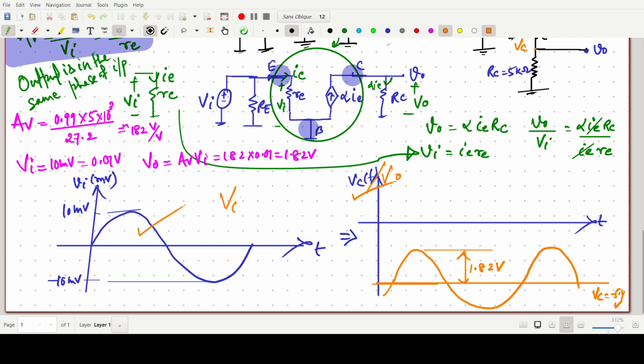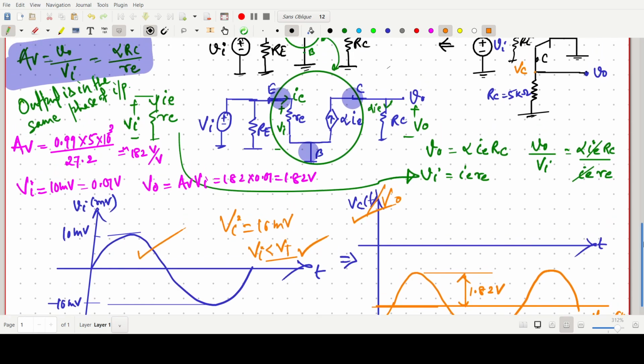For the input we take Vi as 10 millivolt, because for the observation our Vi should be less than VT. So this is the input waveform, and this should be the output waveform.